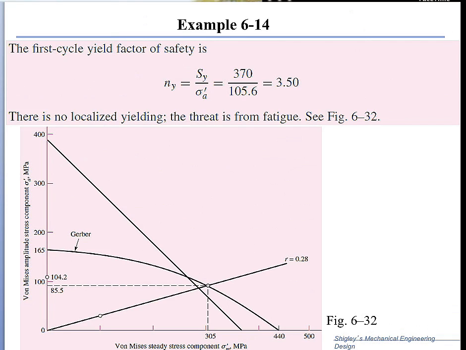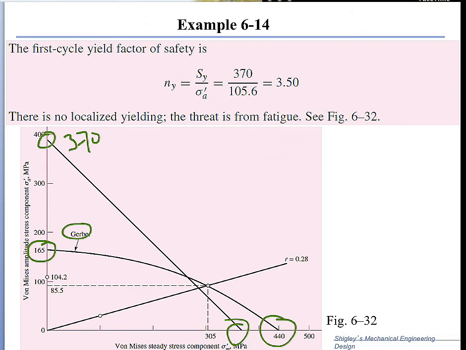The Langer line goes from yield to yield. The yield is 370, so this point is 370. And the Gerber line goes from SE to S ultimate. So this is the Gerber line.